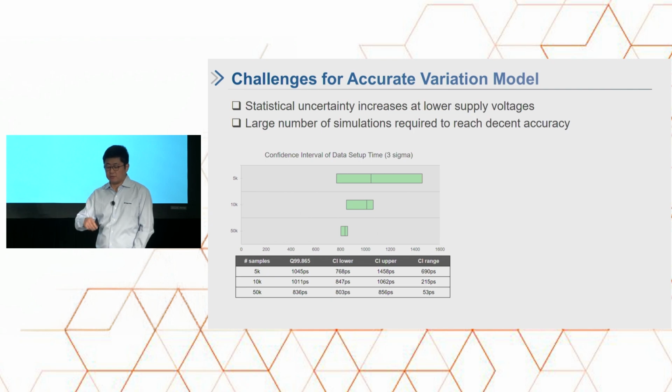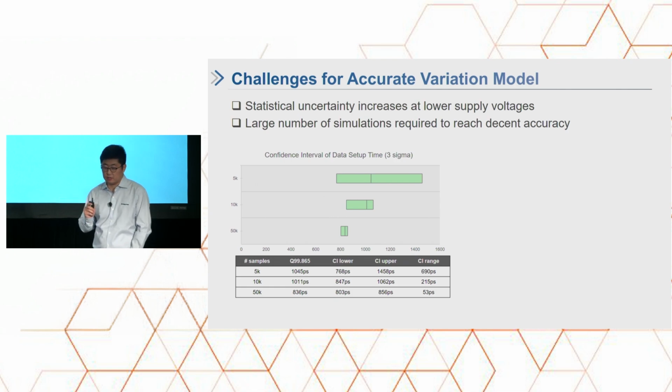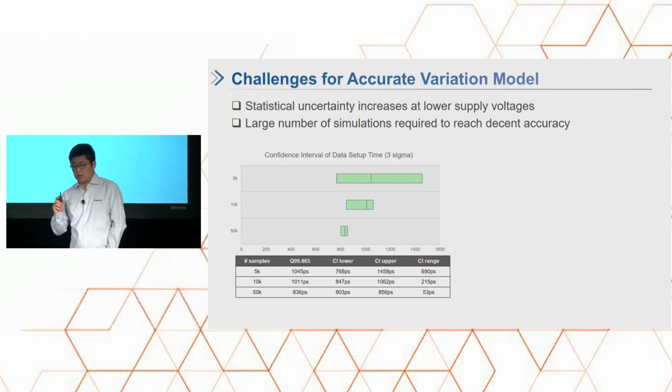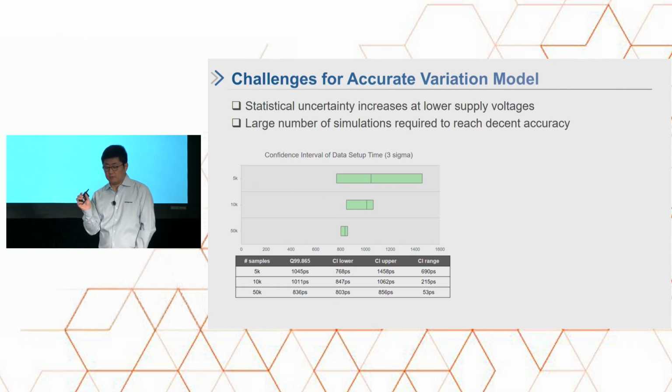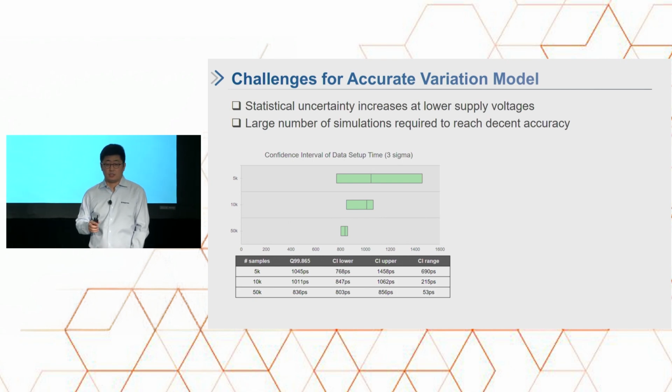Once we increase number of samples to 50,000 samples, the confidence interval is small enough, and we can see the actual value is very different from the initial 5,000 sample case. So this shows us we need a lot of simulations, sometimes for some cases, to converge on the final, accurate value.